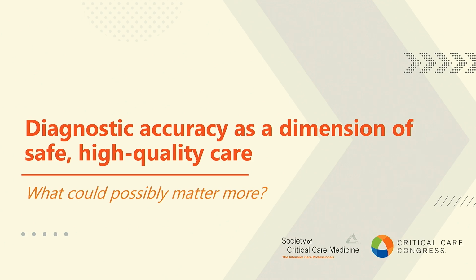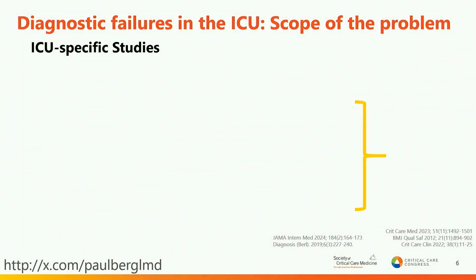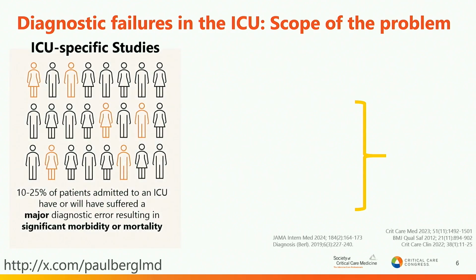And as I already alluded to, unfortunately, the scope of the problem is still large. If you look at ICU-specific studies, and this is from the last 5 years, this is not old historical data, 10 to 25% of patients admitted to an ICU have or will have suffered a major diagnostic error resulting in significant morbidity and mortality. These are not the minor mistakes or the mislabeling of things that we may make from time to time, but real errors that result in real harm.